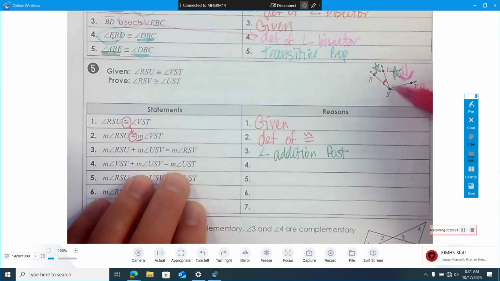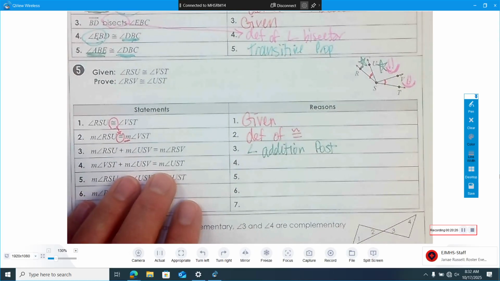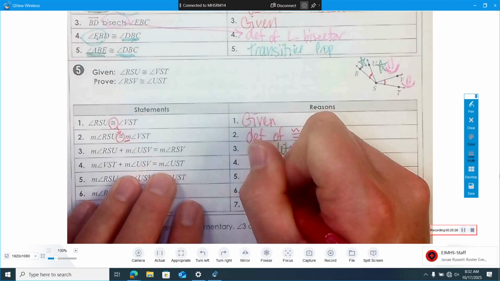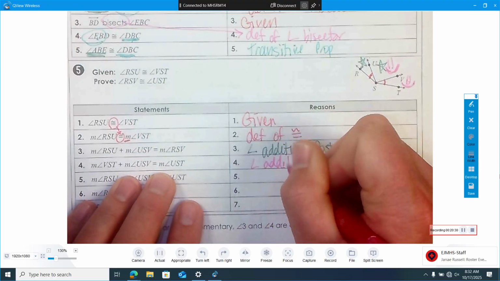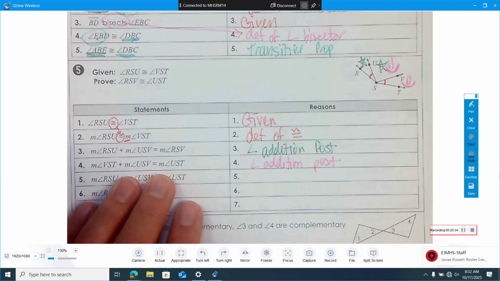Again, those two angles together, what allows us to say smiley plus smiley equals the bigger thing? Angle addition postulate again.